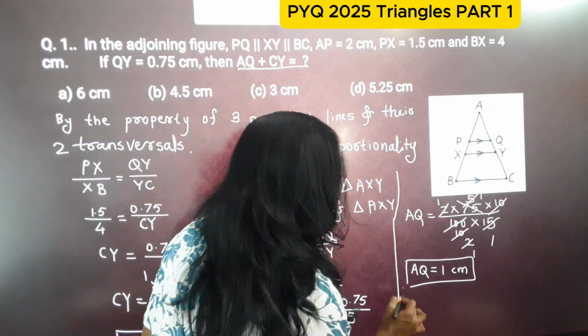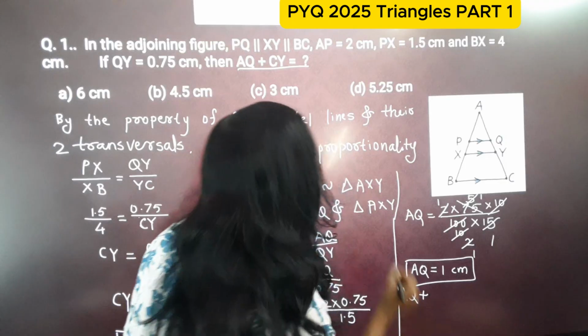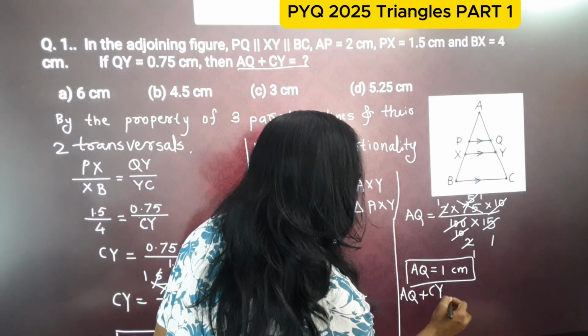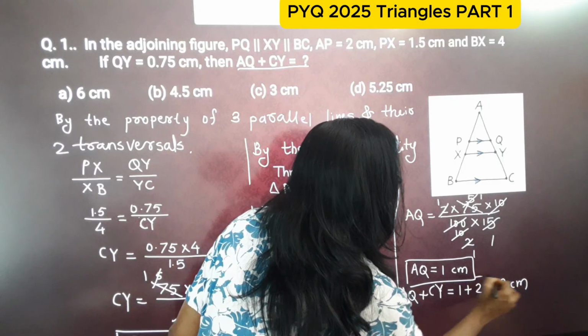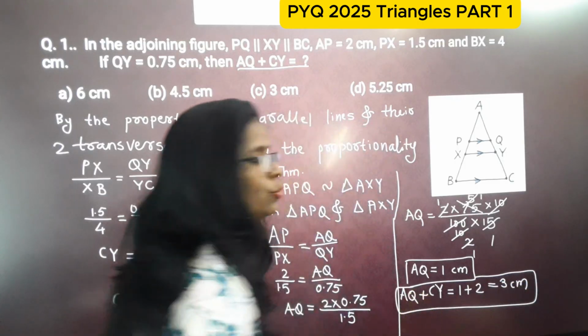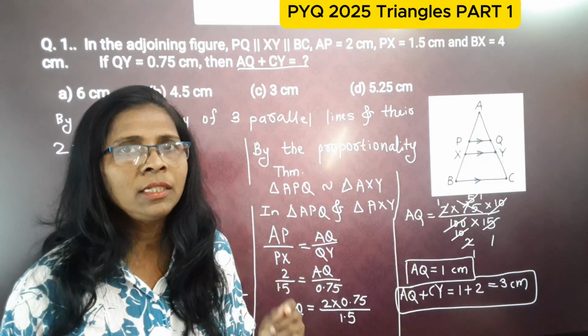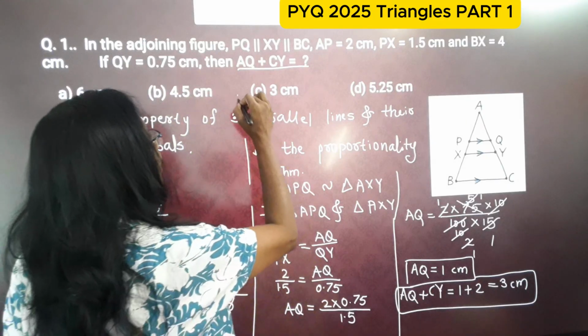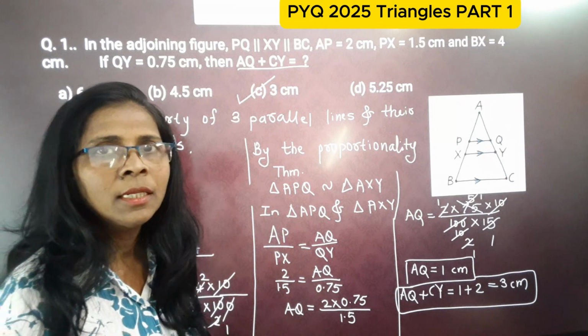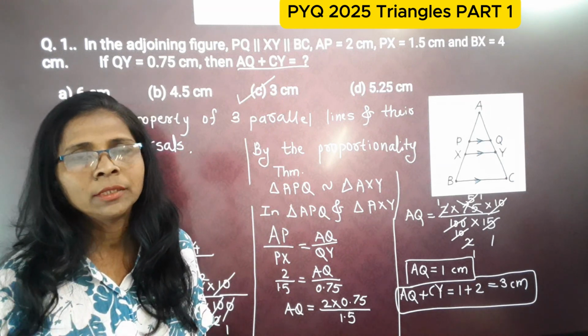Then AQ plus CY is equal to 1 plus 2, which is equal to 3 centimeter. So our final answer is 3 centimeter. The correct option is C, 3 centimeter.